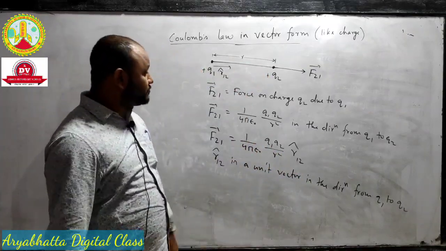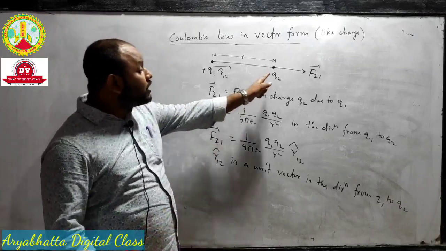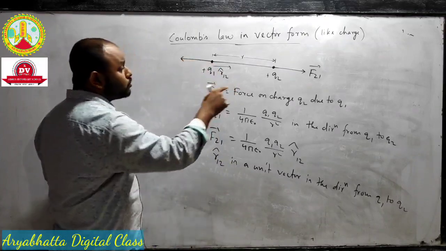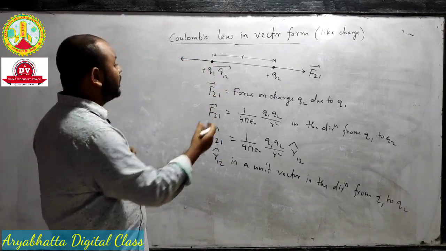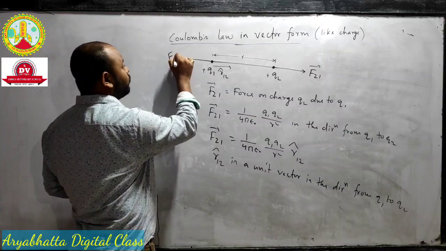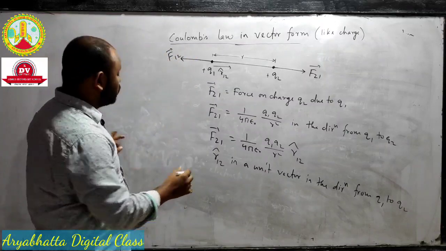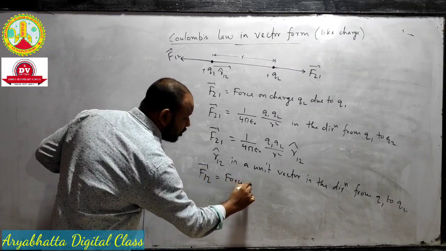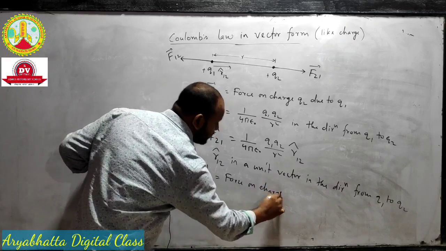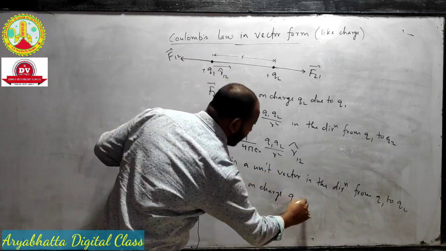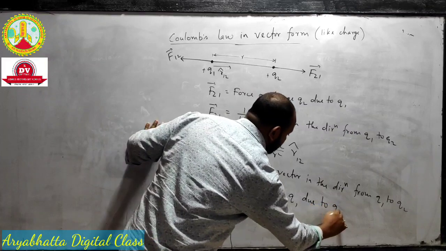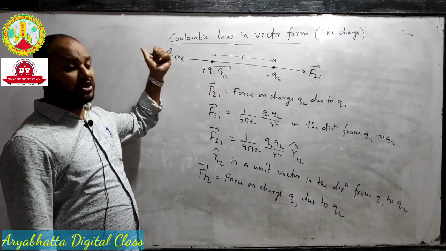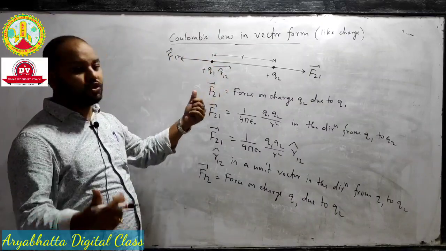Similarly, Q2 is also repelling Q1 in this direction with a force F12. So what is F12? F12 means force on charge Q1 due to Q2. Here Q2 is also repelling Q1 because both are positive. The force will be mutual.